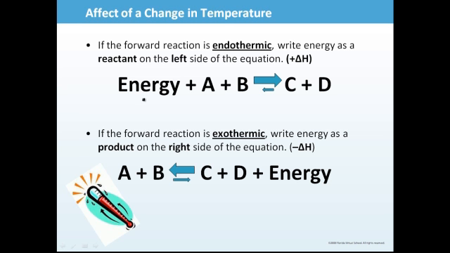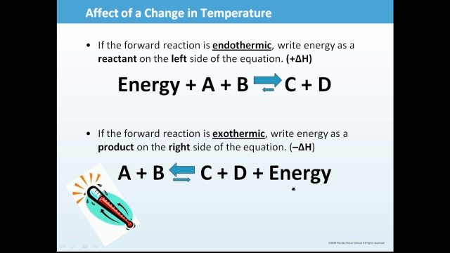If it's exothermic, then it would be just the opposite, because it's exiting the system. So we're going to write that as a product on the right side. Anytime you see energy on the left side, that's endothermic. On the right side, it's exothermic. Now the principle that applies there is basically the same as what we were just doing in the last one.